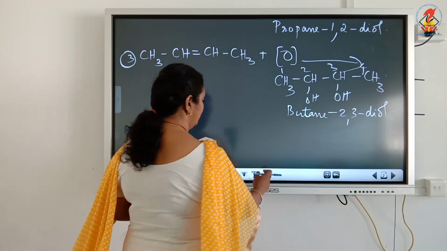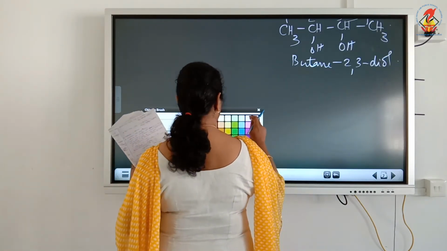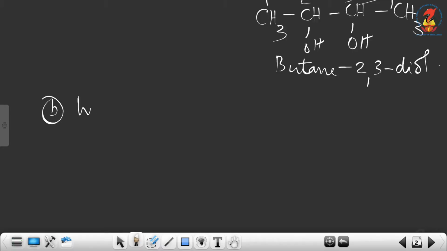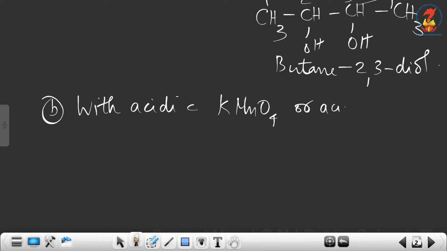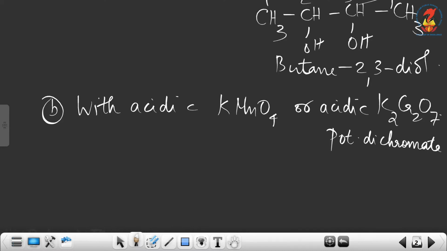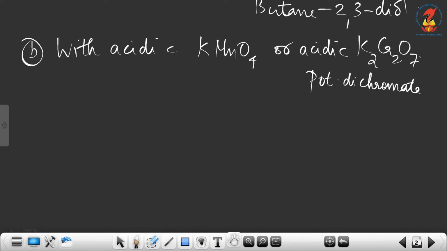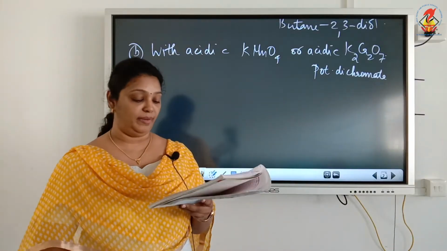Now next we are going to take another oxidizing agent, B, with acidic KMnO4 or acidic K2Cr2O7. K2Cr2O7 is potassium dichromate. So these are the oxidizing agents, potassium permanganate and potassium dichromate in acidic medium.